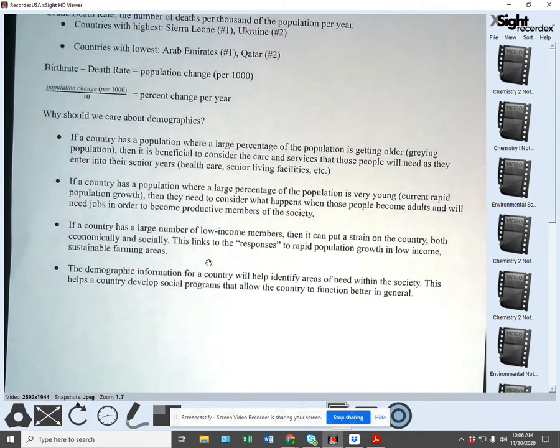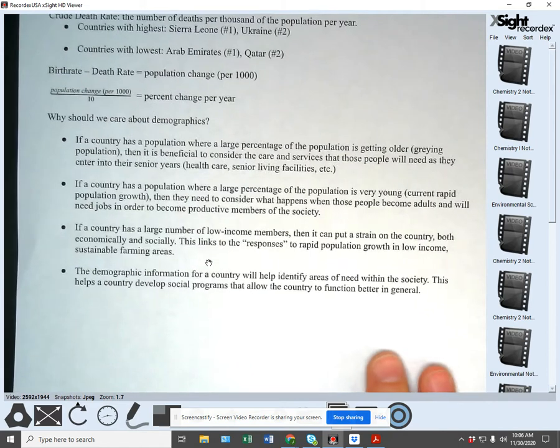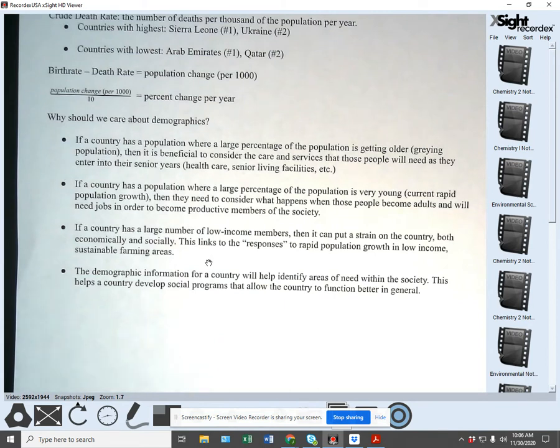And then the last one I have on here, and there's others, these are just some of the ones that I've thought of over the years and concentrated on, but there can definitely be others that you might come up with. The demographic information for a country will help identify areas of need within the society in general. This helps a country develop social programs that allow the country to function better overall.